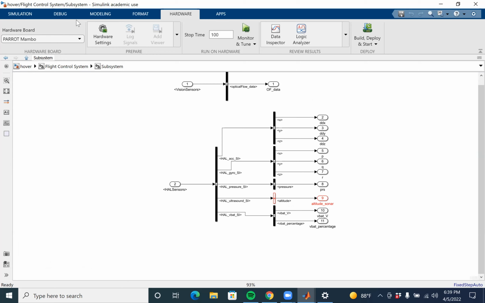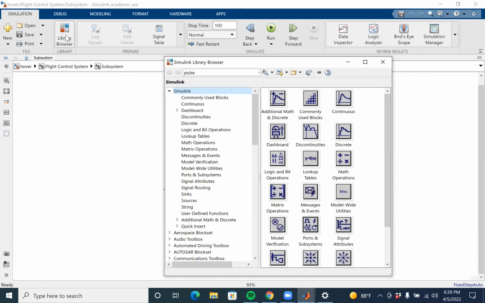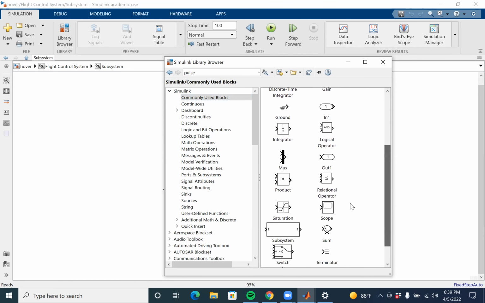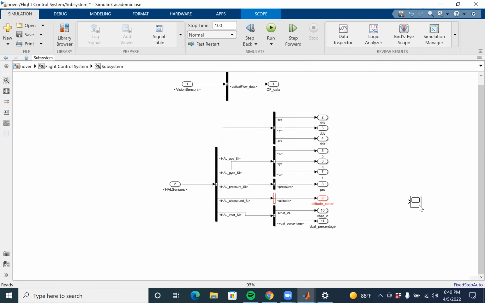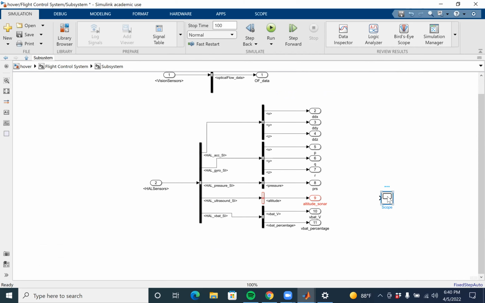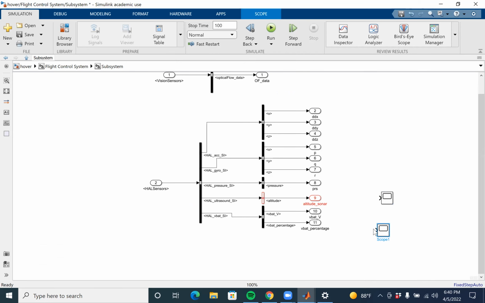So first and foremost, I'm going to go to simulation, library browser, and then go to the scope, grab one scope, grab one more scope, and you can add this scope to altitude, and then add this scope to pressure.